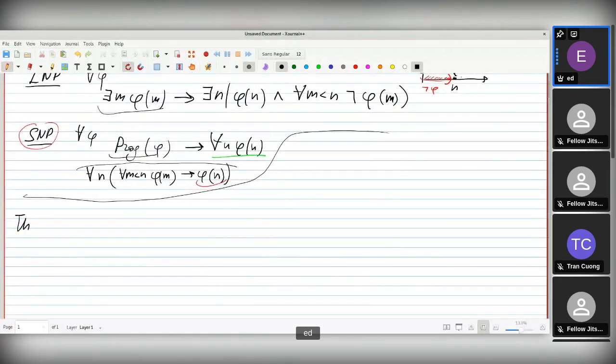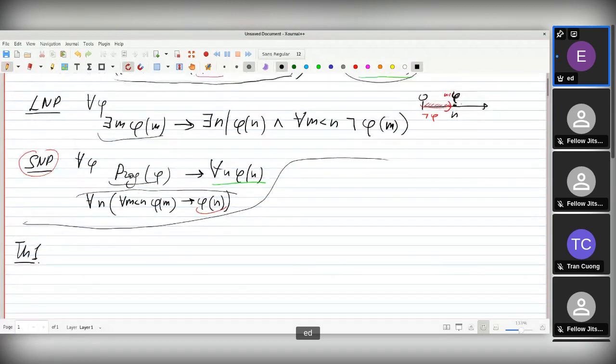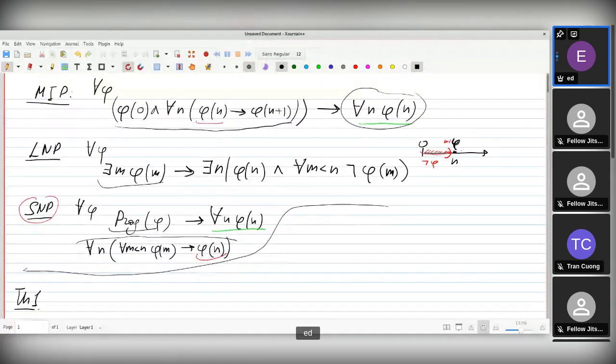So our theorem for today, theorem 1, and maybe only theorem, is as follows. These statements are logically equivalent. Of course, you may wonder that if they are all true, they are logically equivalent. But why do we know that they are all true?